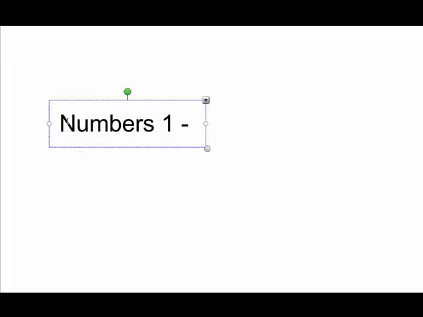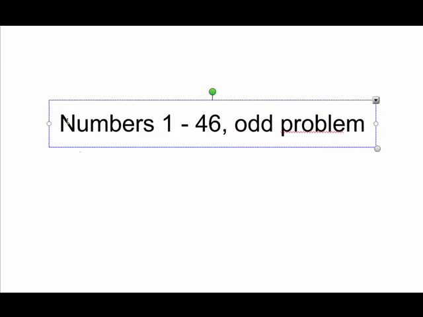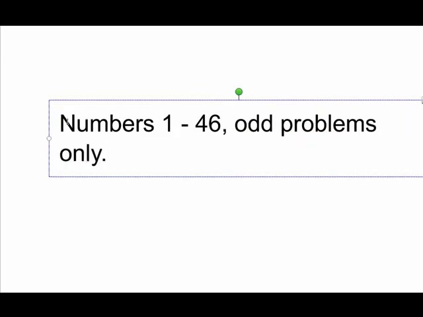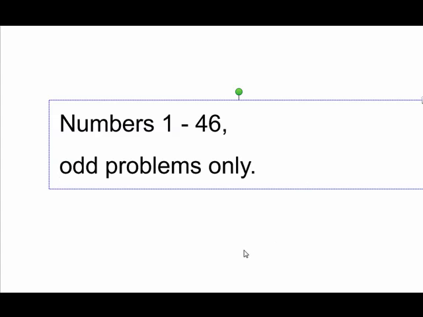Your assignment will be, please do numbers 1 through 46, odd problems only. Okay, numbers 1 through 46, odd problems only. You can go ahead and pause the video now and work on that problem set, and then come back when you're ready to check your answers.